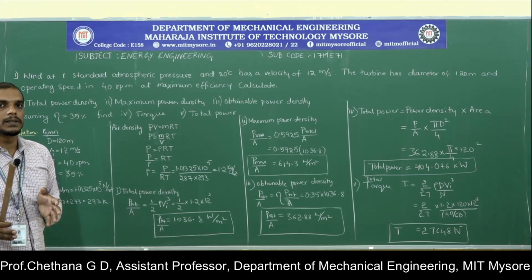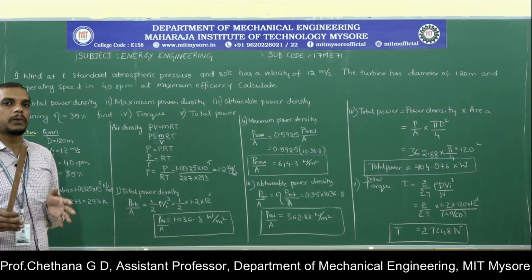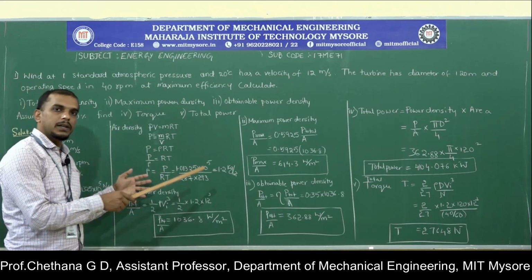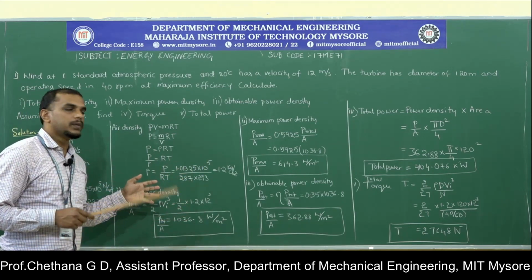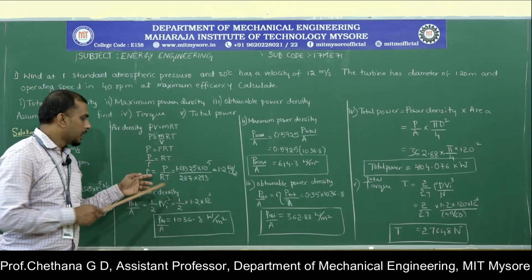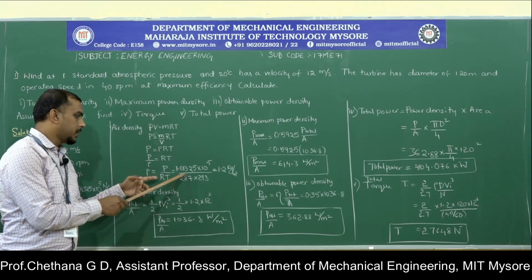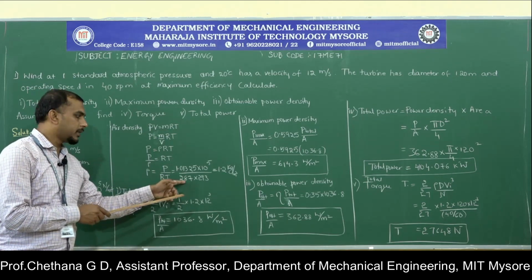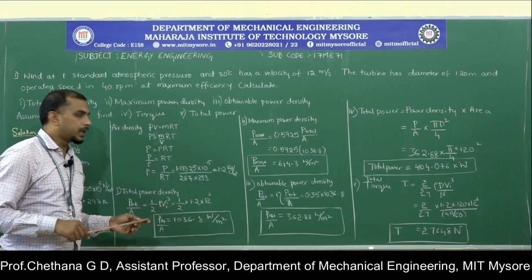For atmospheric conditions, we generally assume the value as 1.23 kg per meter cube. However, even if you substitute, the value will be near to the value which we used to have. So you substitute the pressure, and R is the gas constant which we know. For air it is 287 and temperature is 293 Kelvin.